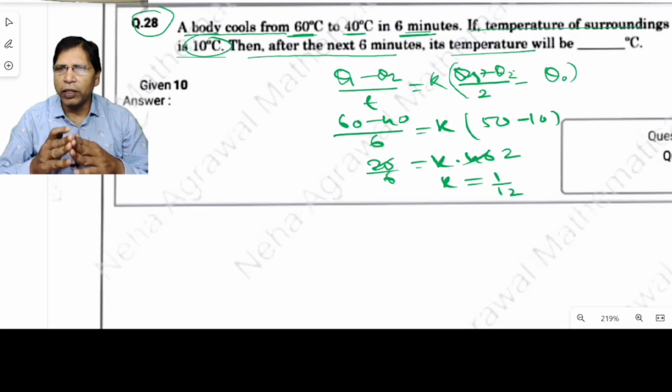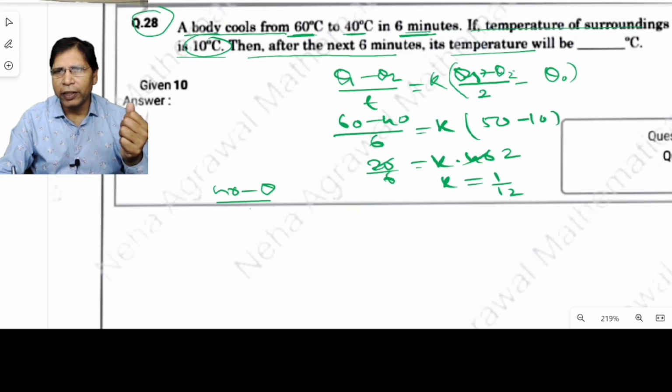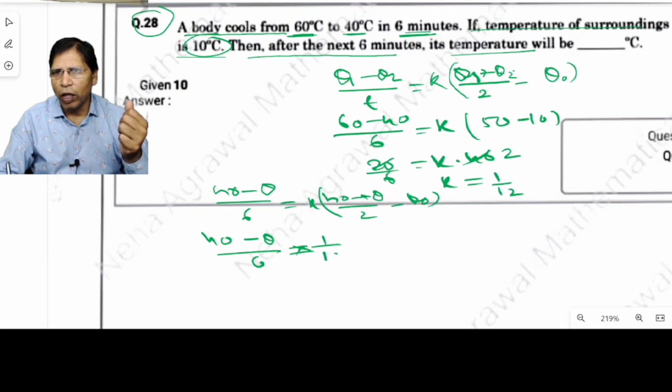No problem. Suppose the temperature after 6 minutes is theta. So here, 40 minus theta by 6 equals K times 40 plus theta by 2 minus theta naught. Therefore 40 minus theta by 6 equals, K is 1 by 12, into 40 plus theta by 2 minus 10.